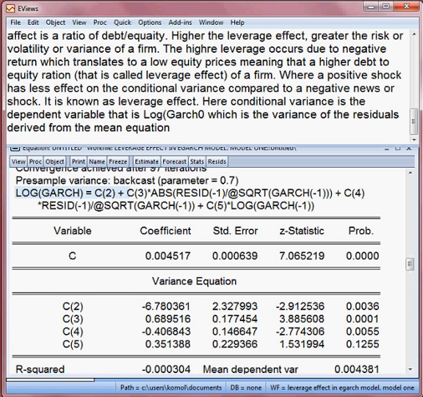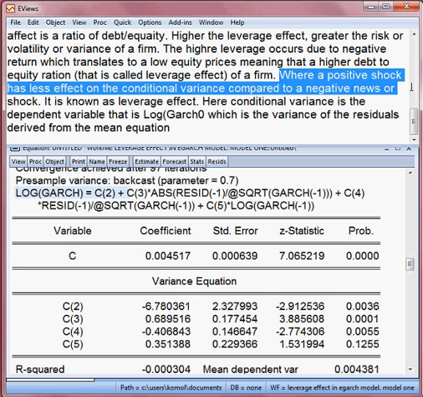So we can say in another way that the leverage effect is when a positive shock has less effect on the conditional variance compared to a negative news or shock.